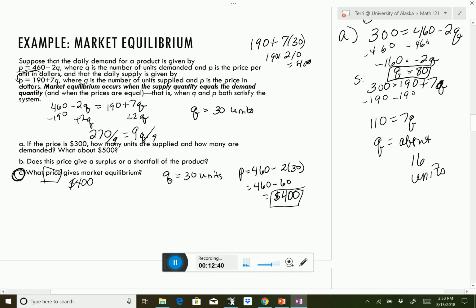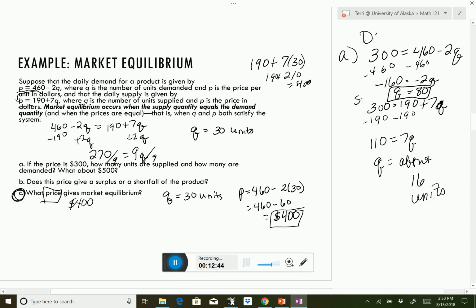That's all I can afford to produce if that's all that they're going to be paid for. But the demand is 80 units. So what's happening here? So in B, what's going on? So in B, this would be a shortfall. If they charge $300 for this, we wouldn't have enough.